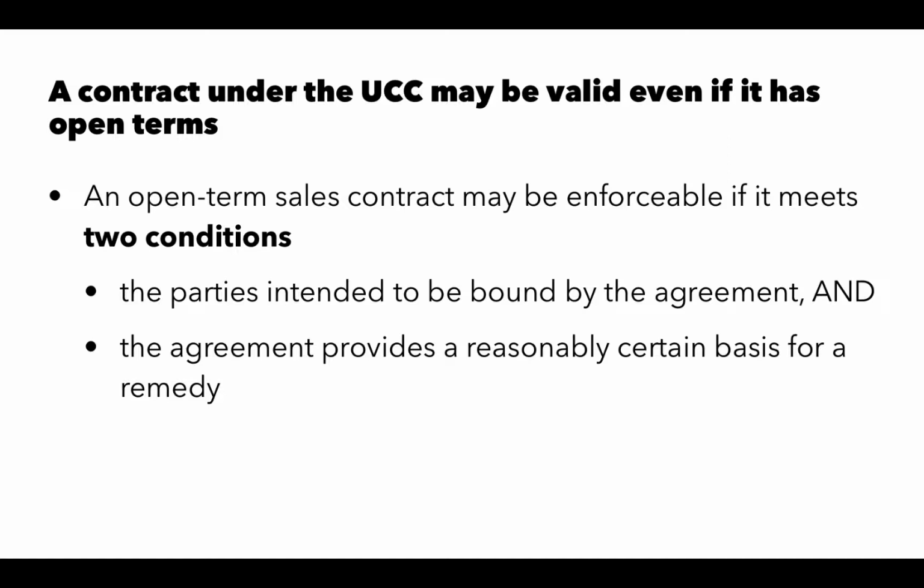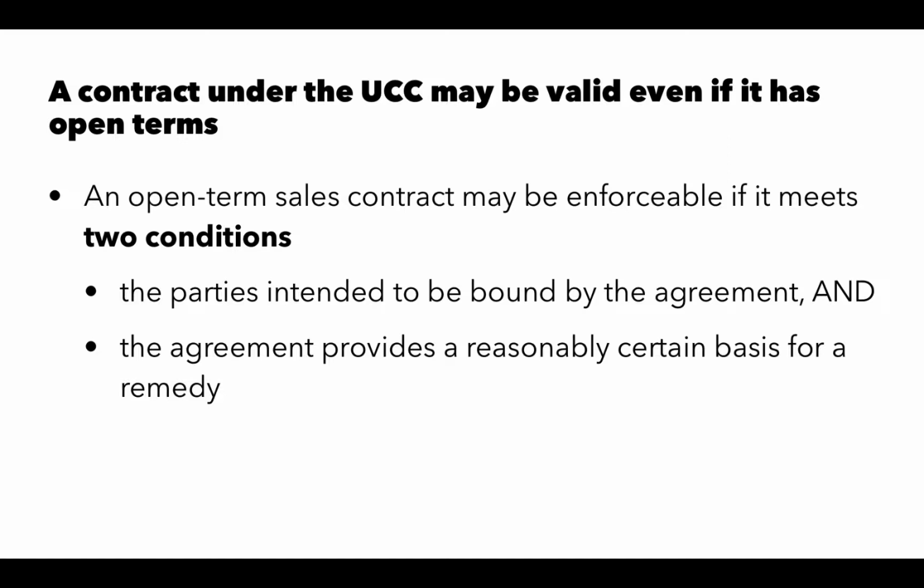We're going to look at remedies as the last aspect of contracts for the sale of goods. And we'll mention that a remedy, the thing that's going to fix a breach of a contract, is necessary in order to give the contract meaning. In order to find a remedy, we have to know what the terms of the agreement are. And therefore, we have to look back at that original agreement.